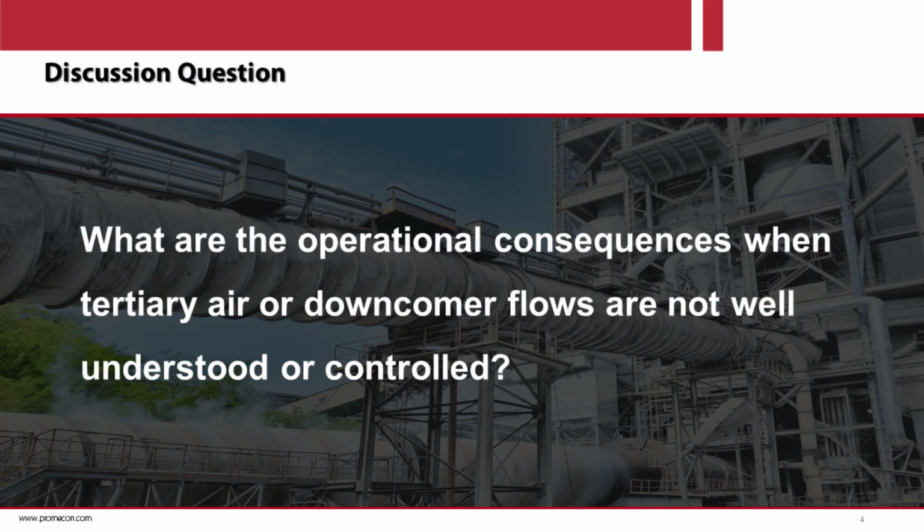And of course, if the downcomer gas flow increases, that could create more CO2-rich and oxygen-lean gas that will enter the calciner. That's the main issue. So not understanding and controlling the tertiary airflow and the downcomer flow could create problems of energy management and, of course, create gases like CO and nitrogen oxides. That's it. Thanks.